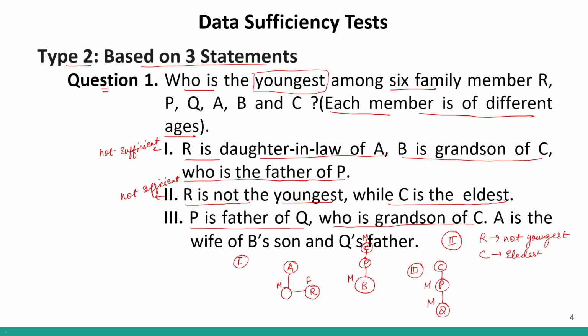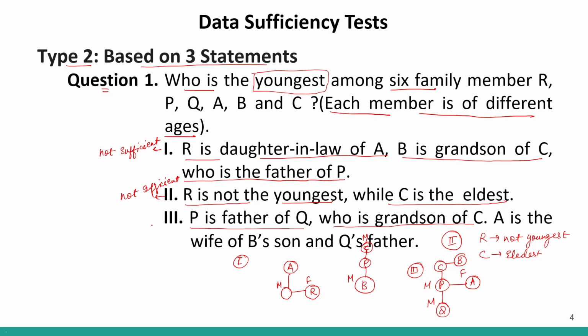A is the wife of B's son and Q's father. So Q's father is P. A is the wife of P, correct? A is the wife of B's son. So B will be over here. Correct? B will be the spouse of C and Q's father is B. So the gender of C and B is not known to us.